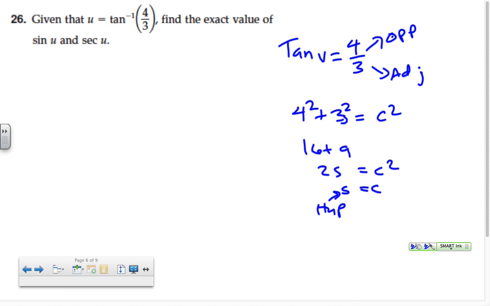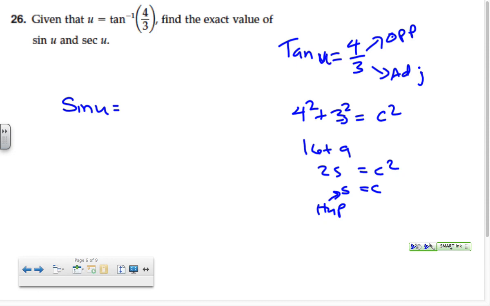It really doesn't matter what u is, okay? Because what I'm looking for is the triangle, all right? The angles don't matter at this point. So what I want to know is, what is sine u, okay?